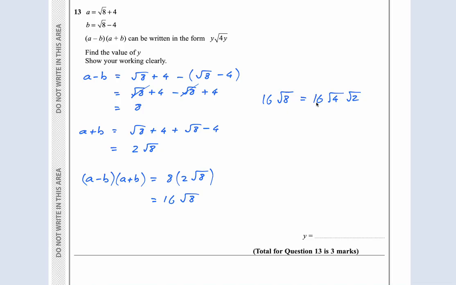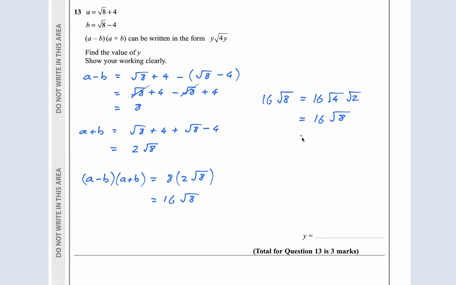Now I need it to be times something that gives me the same thing here. So I'm going to split 16 into 8 times 2. This might work, guys. If I split these up, this is 16 root 8. Root 4 times root 2 is root 8.